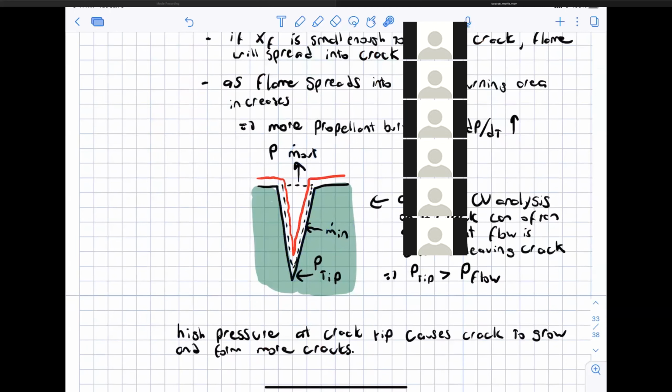You would realize that it doesn't take a very long crack to form before you realize that, due to the very small exit area of the crack and the very large side area of the propellant that is producing gases, it's very easy for the flow leaving the crack to become choked.